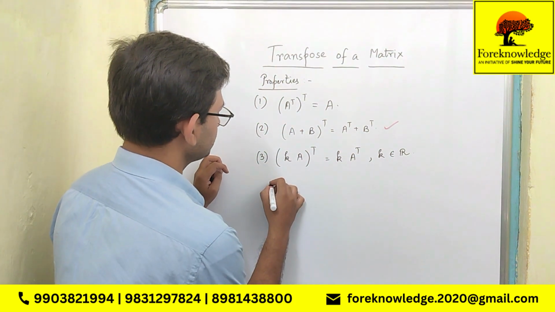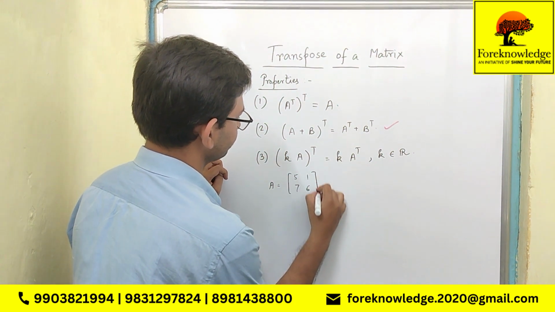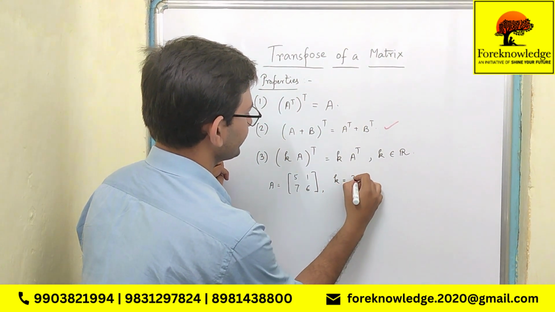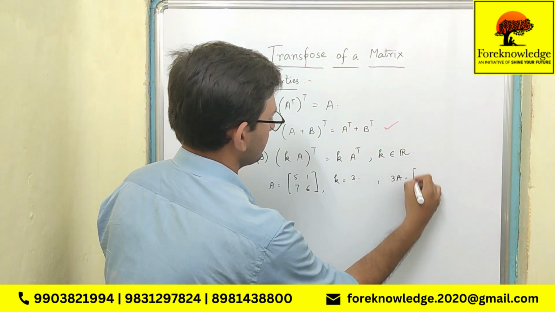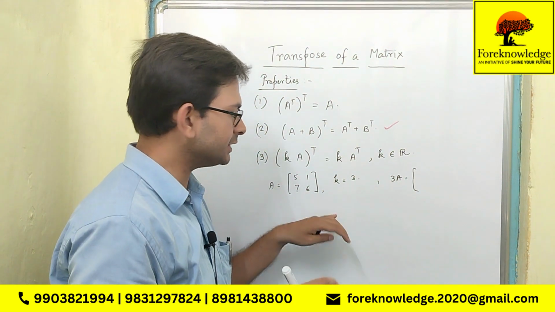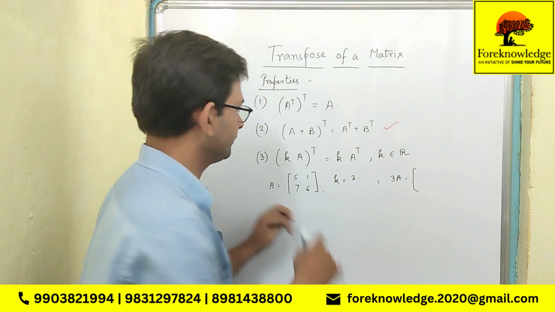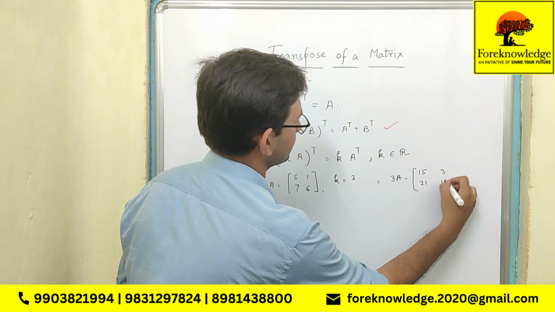Suppose A equal to 5, 1, 7, 6. Suppose K is 3. So 3 times A. How is scalar multiplication done? You have to multiply each element of the matrix by the scalar. So 15, 3, 21, 18.